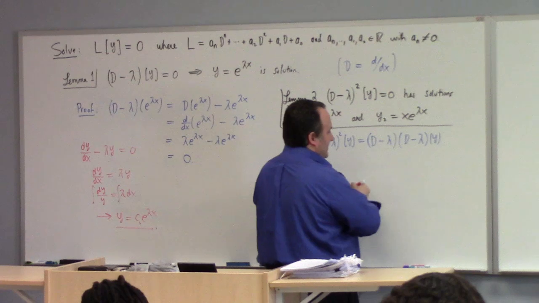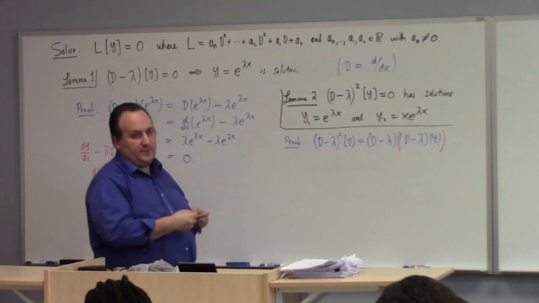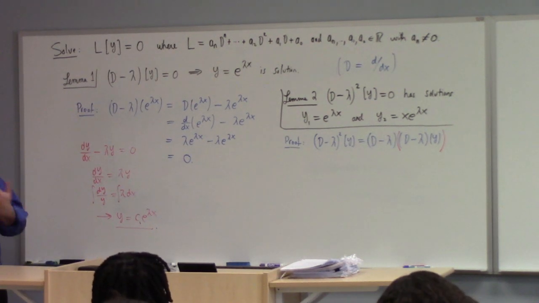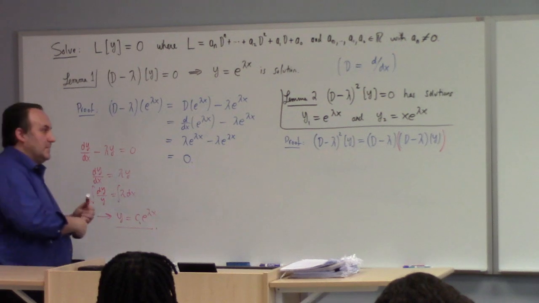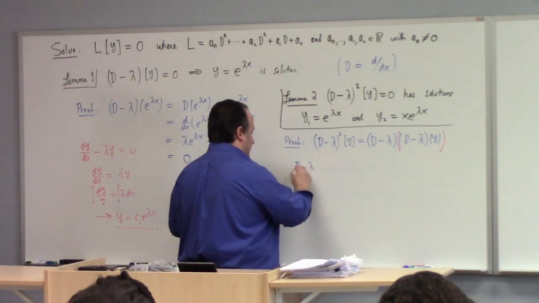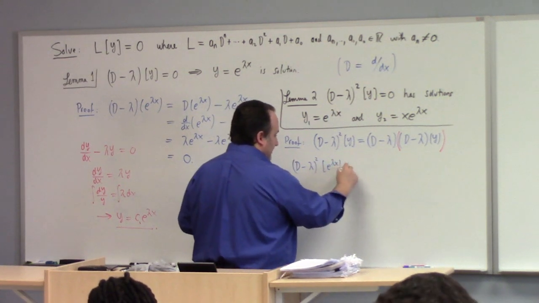So let me add some parentheses in here to emphasize what's going on. We're first operating by d minus lambda one time, and then we operate by d minus lambda a second time. This is what (d minus lambda) squared means. So check it out. What happens if I put (d minus lambda) squared and I feed it e to the lambda x?